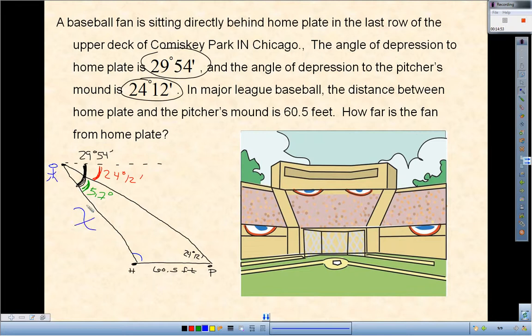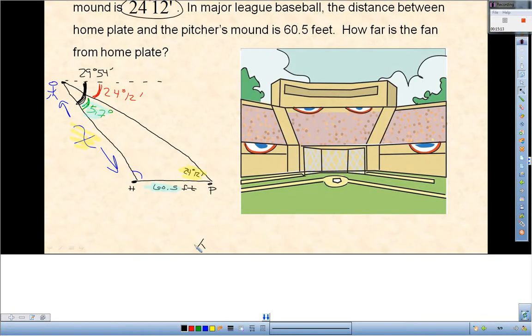So this is x, what I want to find. If you notice, the x is directly across from 24 degrees 12 minutes, and the 60.5 is directly across from the 5.7. So I can use my law of sines for this problem. I'm going to set this up as x over sine of 24 degrees 12 minutes equals 60.5 over sine of 5.7 degrees.